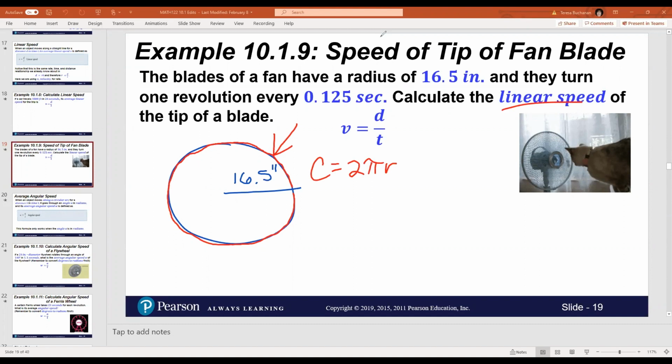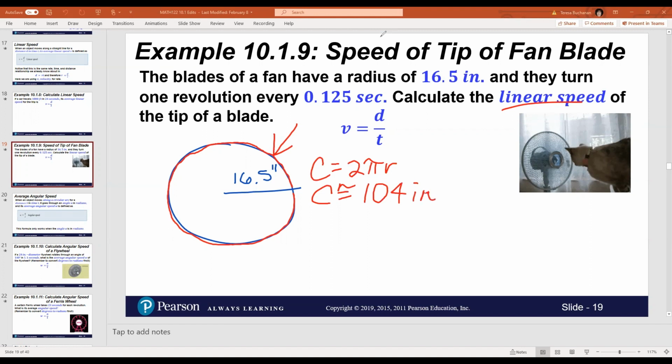So I end up being able to say that is something like, again, because we're in an application question, we're going to round this, take the approximation. So it's about 104 inches. That circumference is about 104 inches.